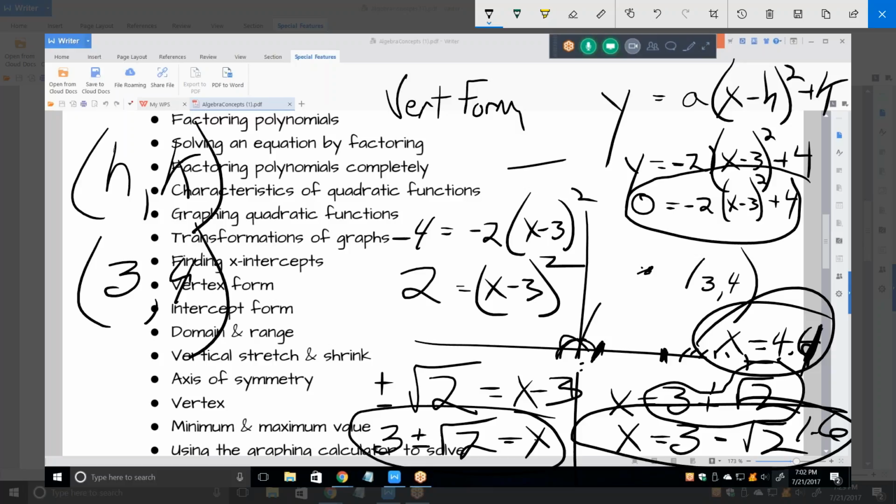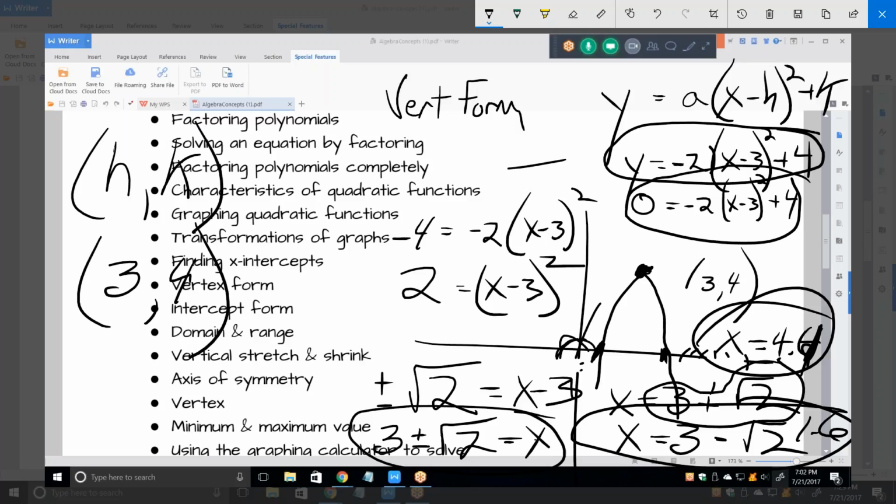So now I have a vertex, and I know the x-intercepts. I can draw a perfectly symmetrical parabola through those 3 points, and I have figured out how to graph that quadratic that they gave me.